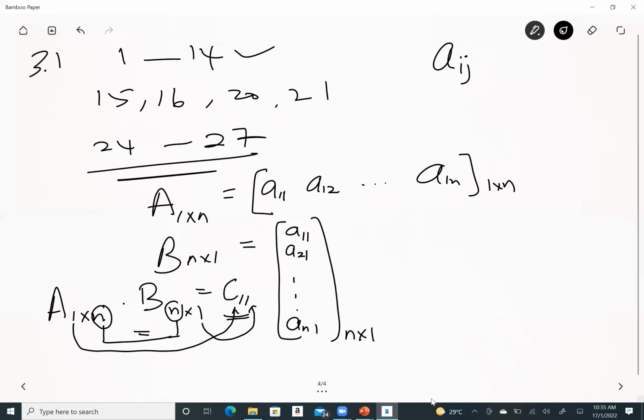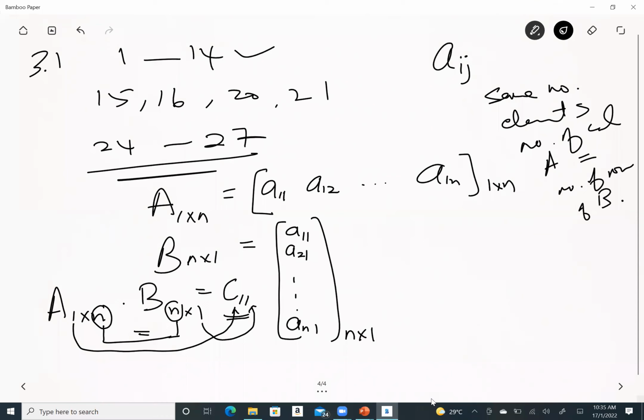But first thing, if you do this, they have the same elements. Okay, same number of elements. In other words, the number of columns of A, okay, number of columns of the first matrix must equal the number of rows of what? Of B. So if we have something like this, let's say A, 1 by n, and then the other matrix is B, m by 1.